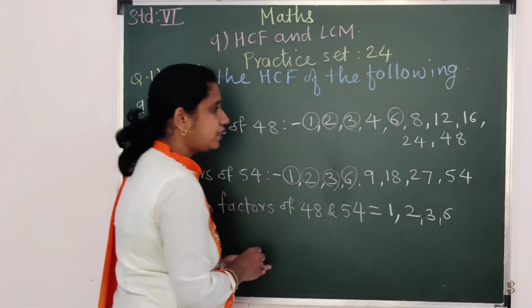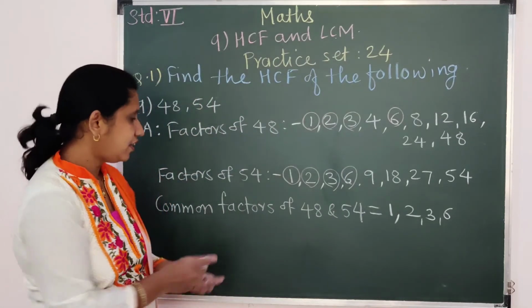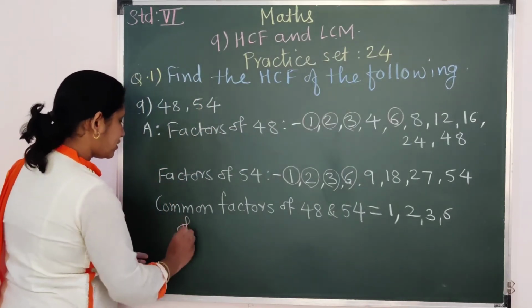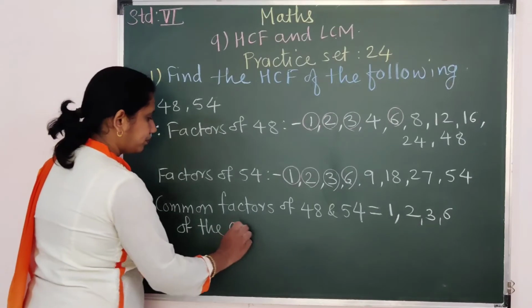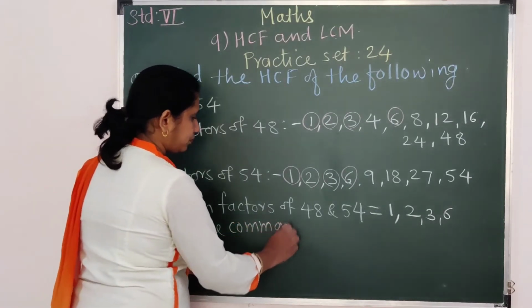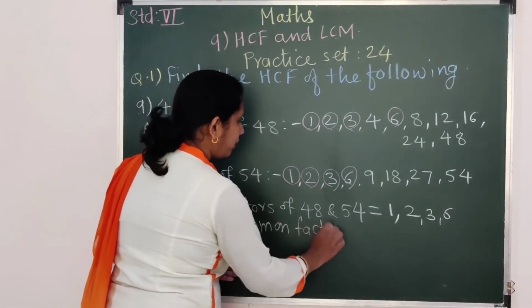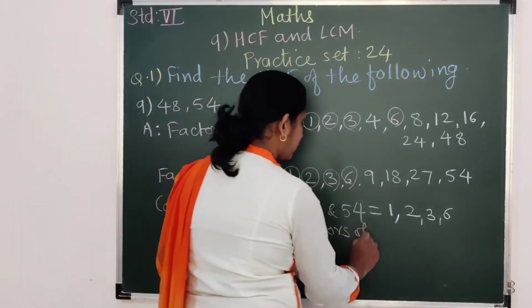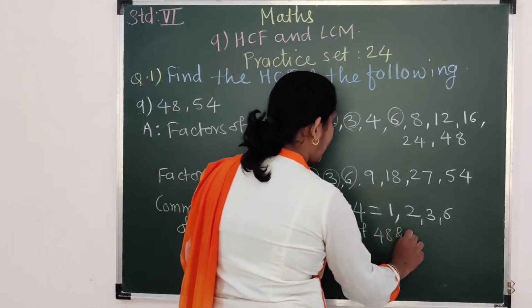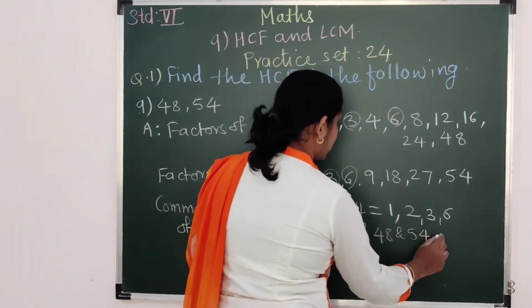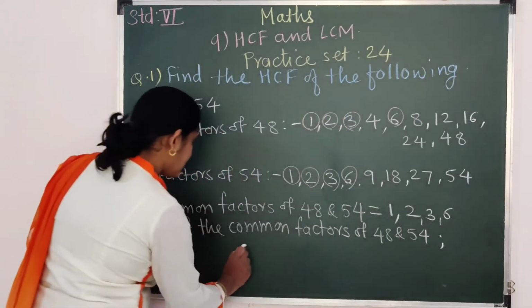No other number is common now. Is it clear? So, of the common factors of 48 and 54, 6 is the greatest.